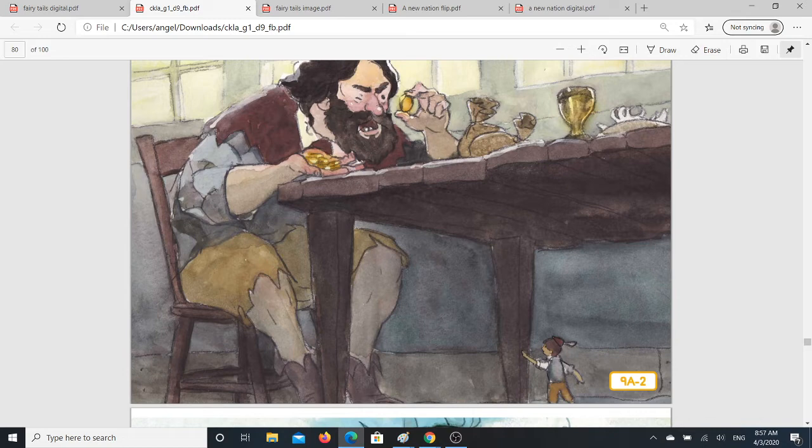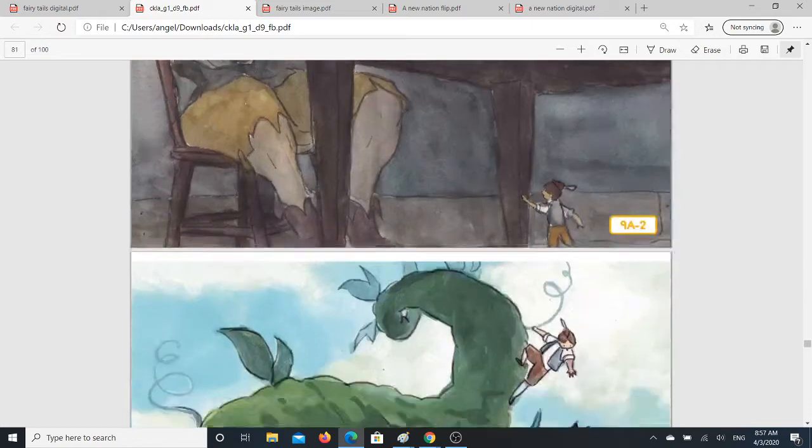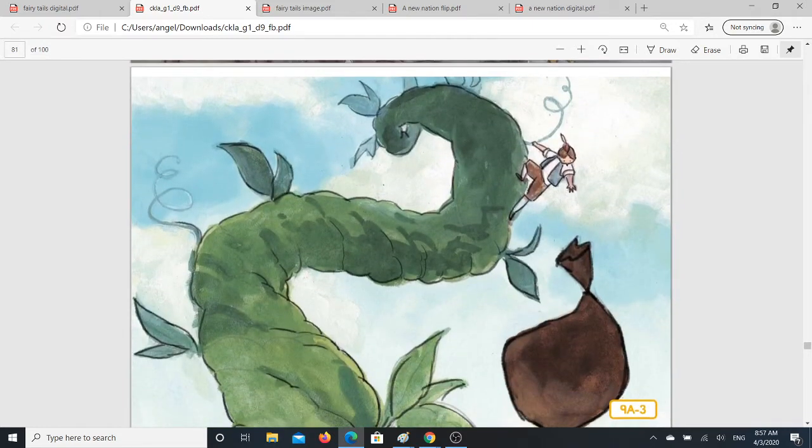And as soon as he began to snore, so that the whole house shook, Jack crept out of the oven, tiptoed past the giant, and grabbed one of the bags of gold, which he could barely lift. And then, lickety-split, he ran quick back to the beanstalk.